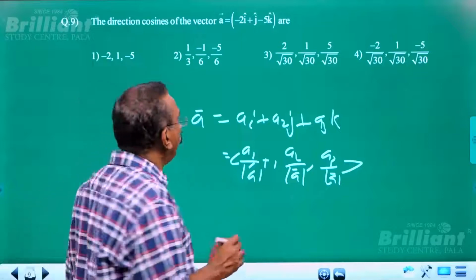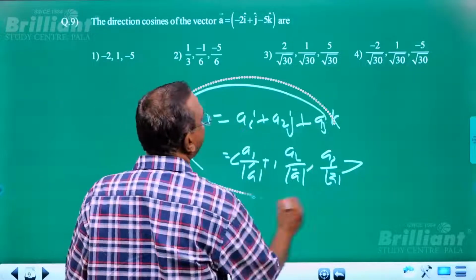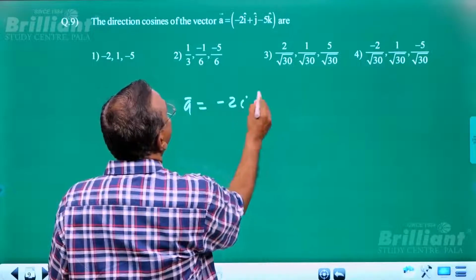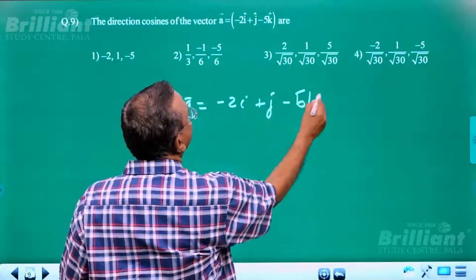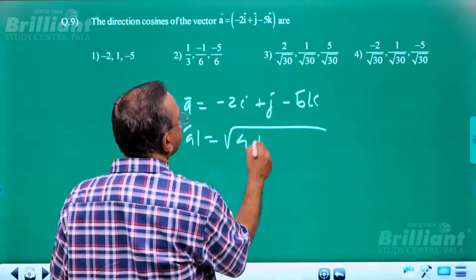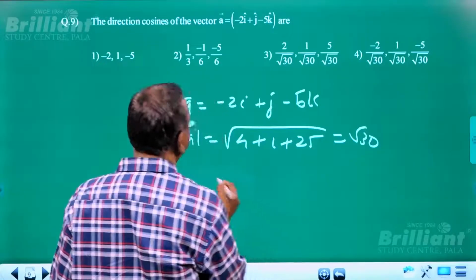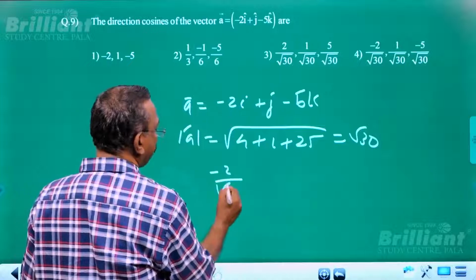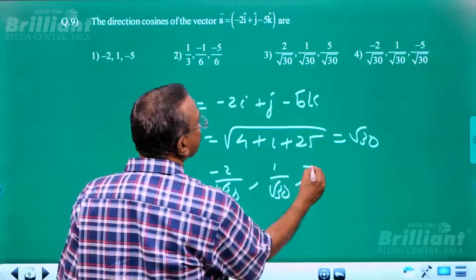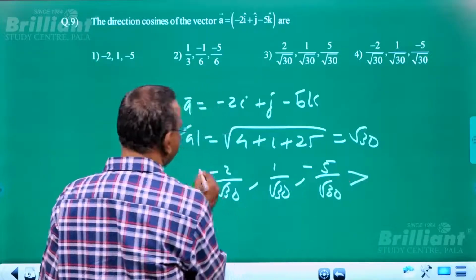So, here, you know that A bar is equal to minus 2i plus j minus 5k. Therefore, mod A bar is equal to square root of 4 plus 1 plus 25, so root 30. Therefore, minus 2 by root 30, comma, 1 by root 30, comma, minus 5 by root 30 is the direction cosines of the given vector.